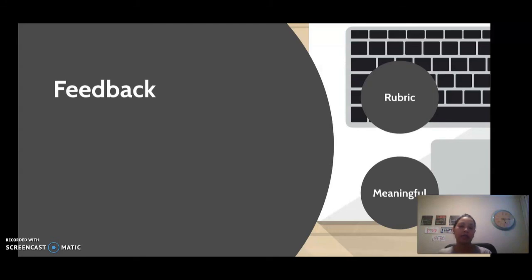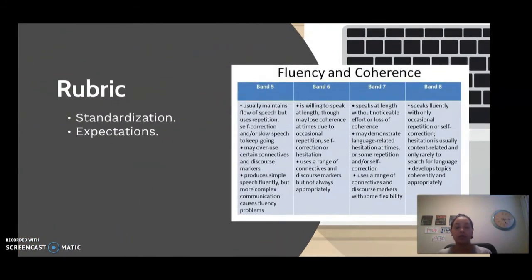Okay, the feedback. Well, the feedback is really important. So feedback should be based on a rubric like this. So for example, here the students, once they finish the evaluation, can compare, can contrast the rubric with their results, and then they will understand that the evaluation is fair, right?